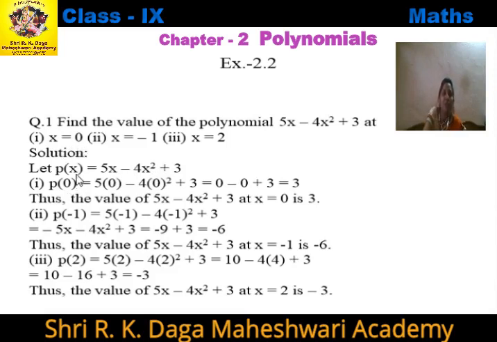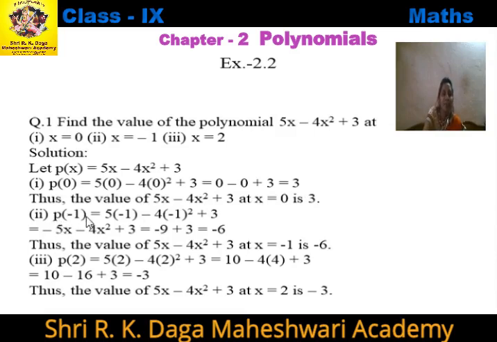So we will put 0 at the place of x. So p of 0 is equal to 5 into 0 minus 4 into 0 square plus 3, which is equal to 5 into 0 is 0, 4 into 0 is 0, plus 3. Hence the value at x equal to 0 is 3.